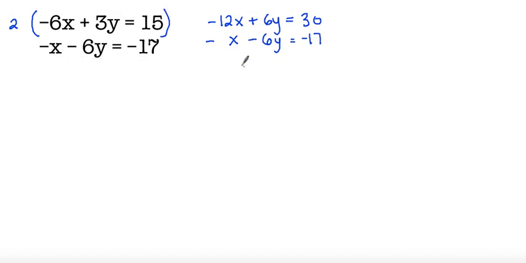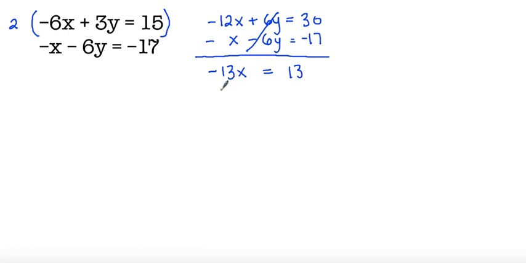So now we could combine these. So negative 12x minus x is negative 13x. Positive and negative 6y, those two cancel out, so they're equal to 0. And now I have 30 minus 17, and that's equal to 13. So I have negative 13x is equal to 13.